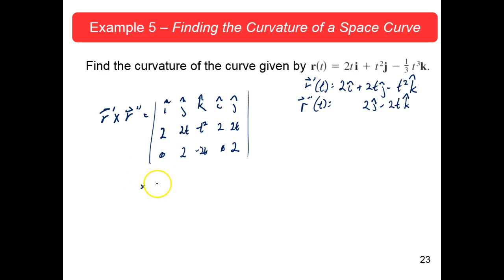This would be minus 4t squared, that's the i, coming this way. The j would be 0, the k would be plus 4k.